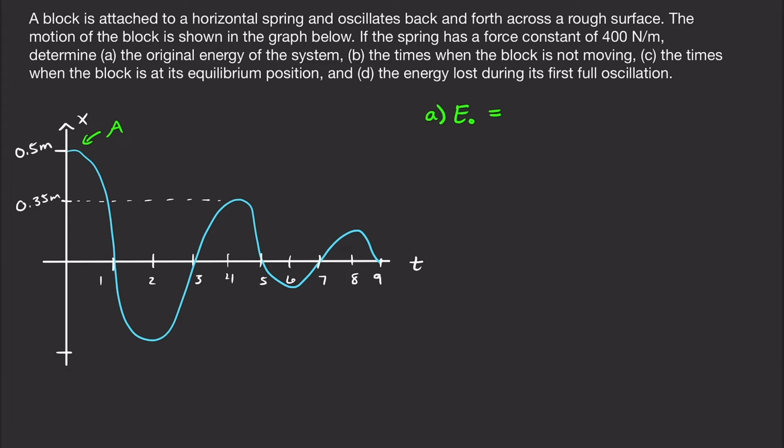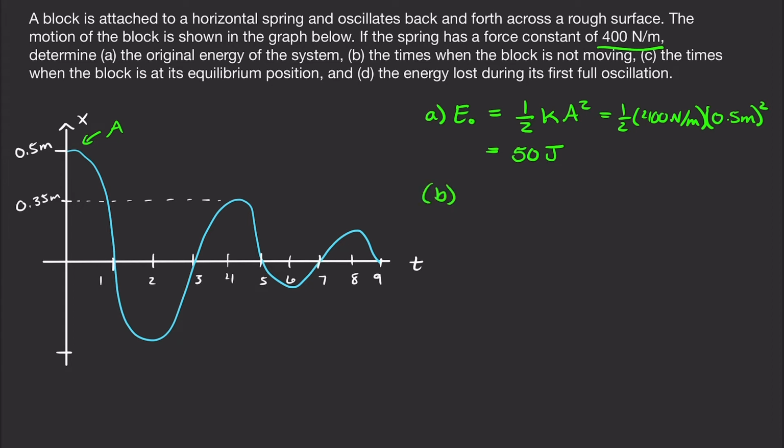And so our total energy is just 1/2 kx squared, but our x is just the amplitude. So we'll plug in 1/2 times our spring constant, which was given, 400 newtons per meter, times the amplitude, which is 0.5 meters from the graph, and we square that, and get the initial energy is just 50 joules.